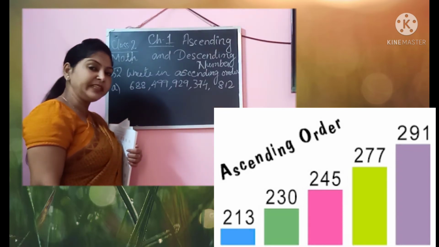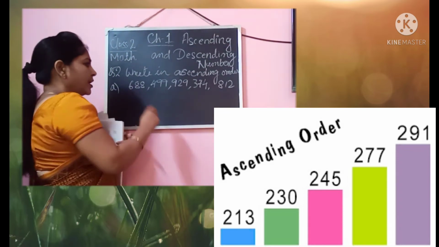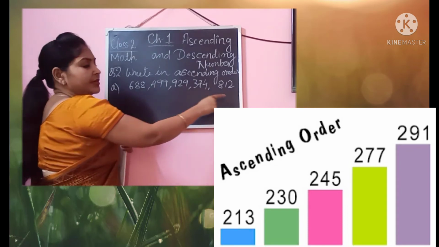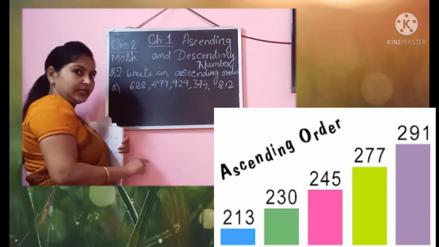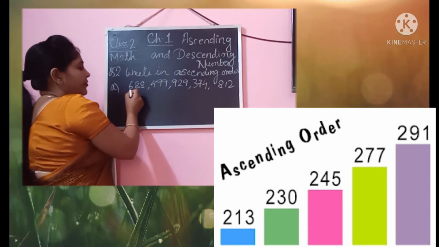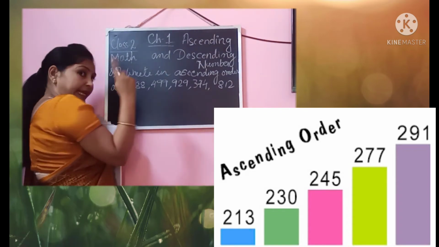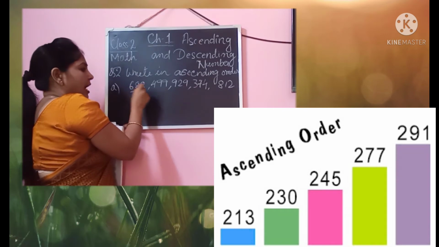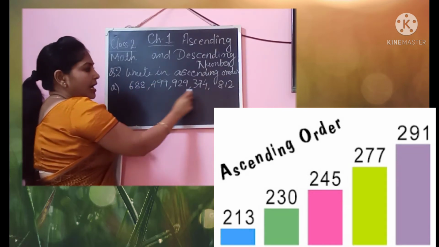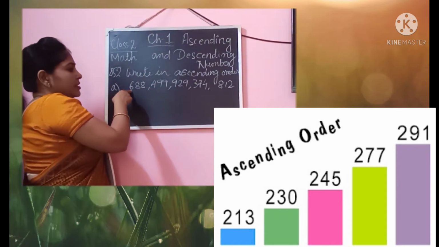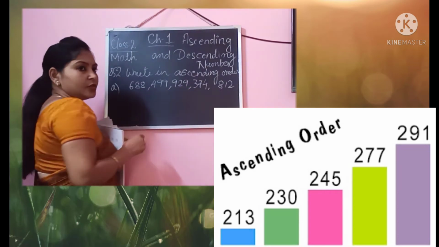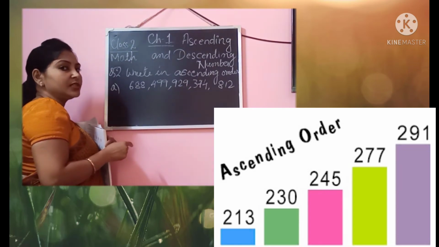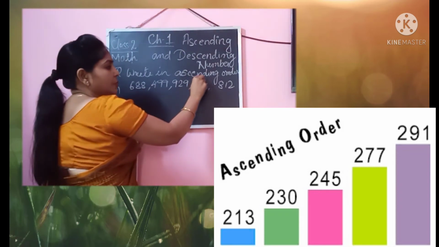Ascending order again means small to big. So let's do that. First we will try to find the smallest number. Now all these numbers are 3-digit numbers. So the next step is to check the hundreds place. Among the hundreds places, this is 6, this is 4, this is 9, 3, 8. Which is the smallest? 3 is the smallest.